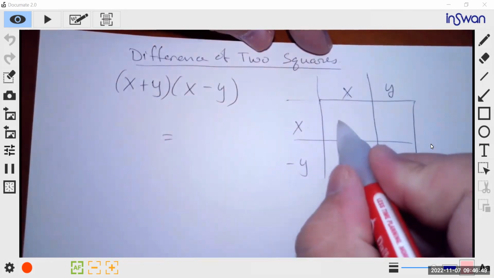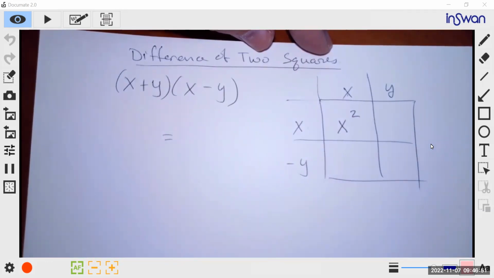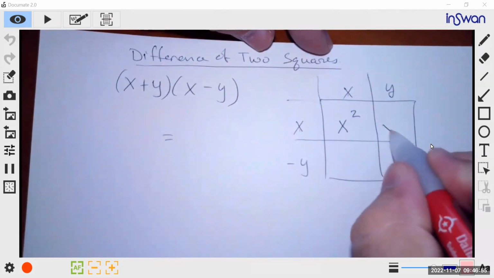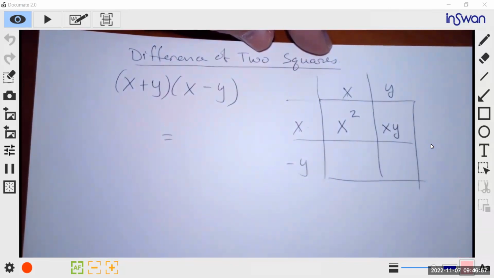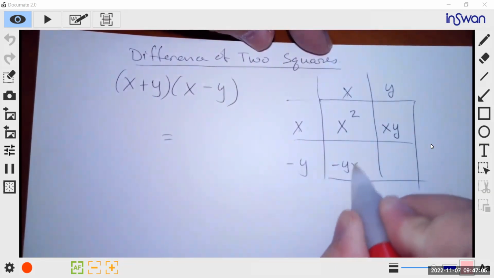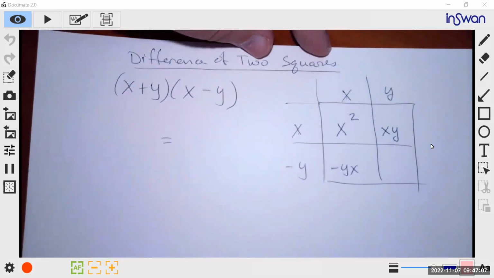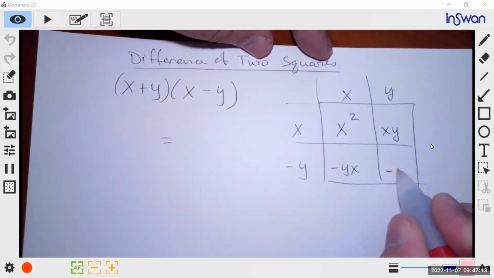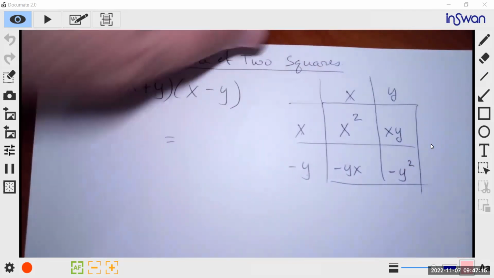X times x is x squared. X times y is xy. Negative y times x is negative yx. Negative y times y is negative y squared.